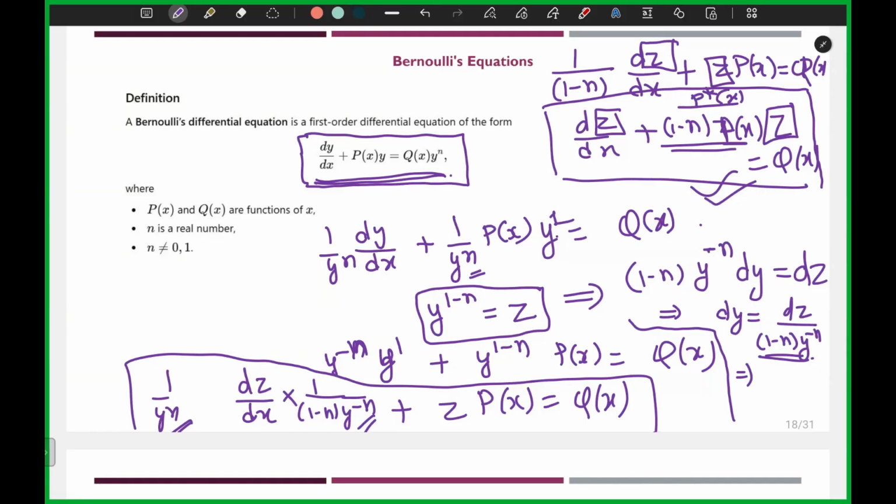Yes, sir. Also, when n is 0, this Bernoulli equation will be a linear differential equation. Yes, it should reduce to a linear differential equation. And when n equals 1, what is it?